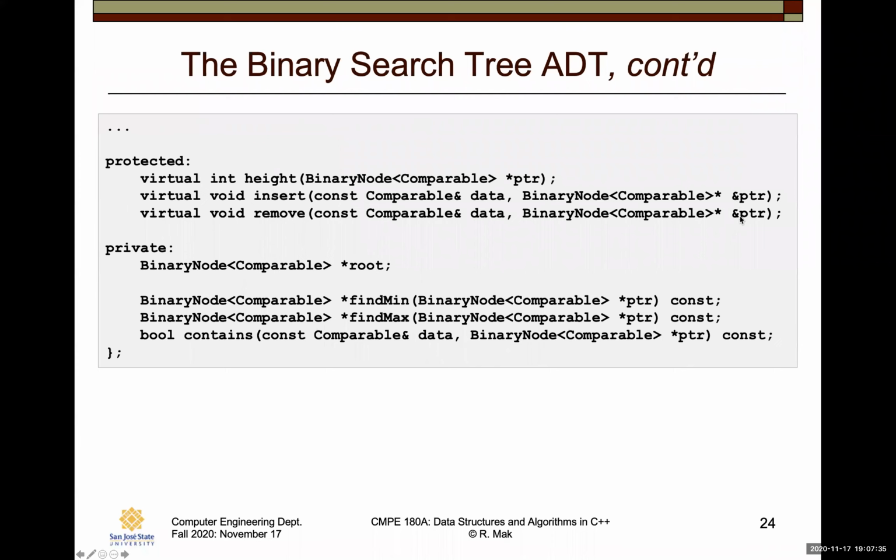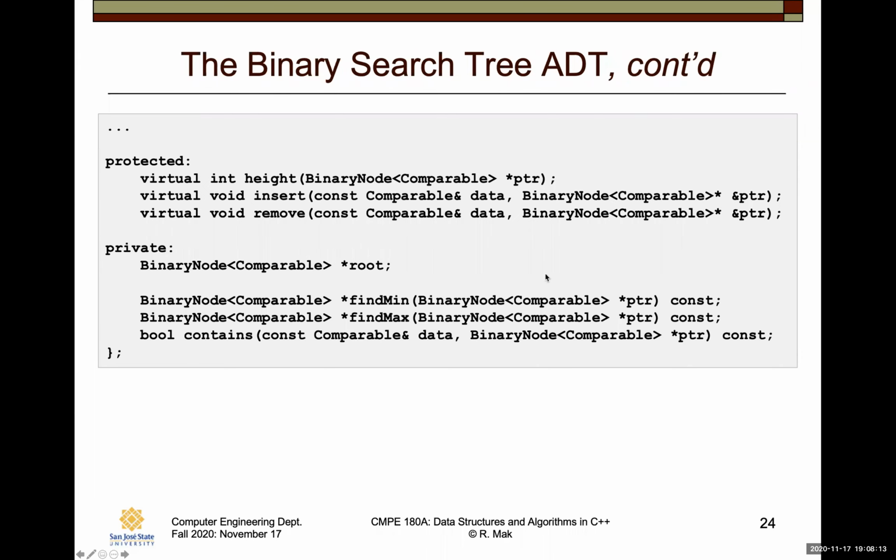That says, when you do an insert, start the insertion operation at this particular node, and when you're doing a remove, do the removal operation starting at this particular node, because you have to search for the correct insertion point, and you have to search for the node that you're removing. These protected versions of insert and remove give you a pointer to a node where you're going to start that search.